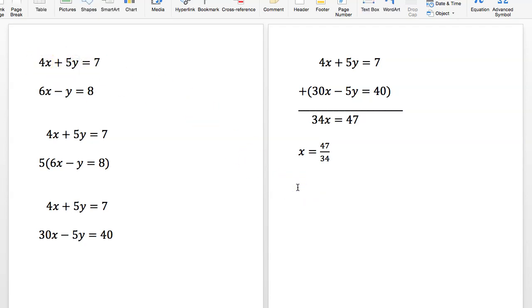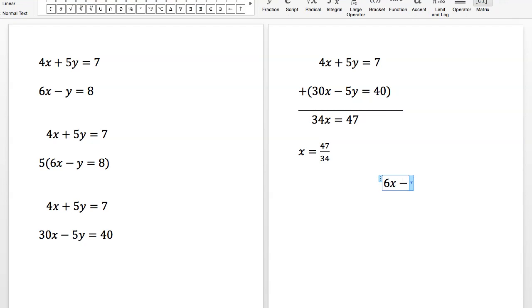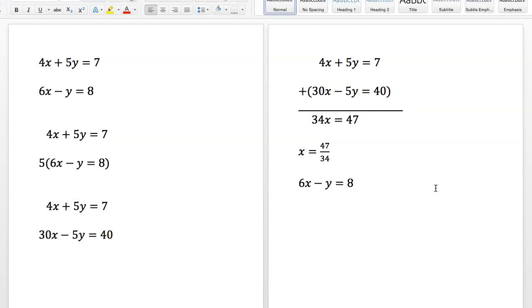So we have 6x minus y equals 8. We know who x is: 47 over 34.